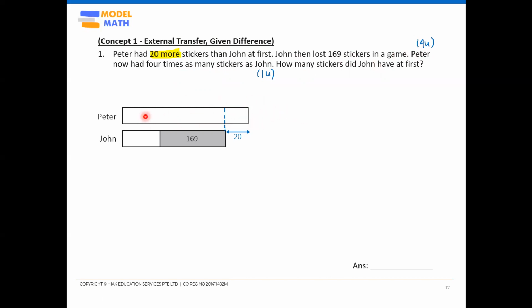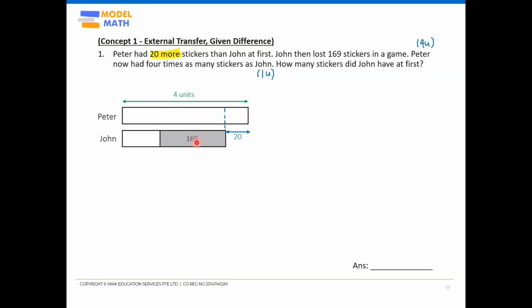Whatever Peter's model is in the end is basically the whole of the white, unshaded model here. This whole thing will be treated as 4 units. If you can't easily cut it into 4 equal parts because of this extra 20, you can just simply label this whole stretch as 4 units.